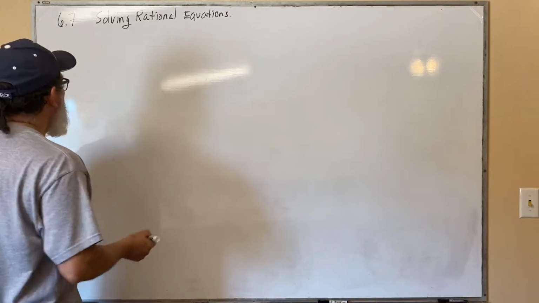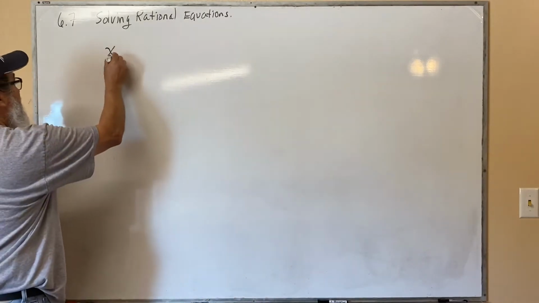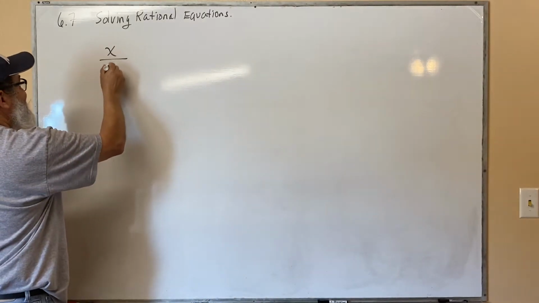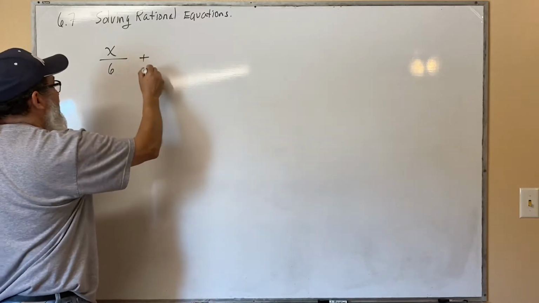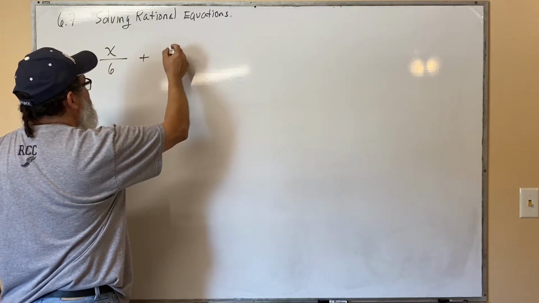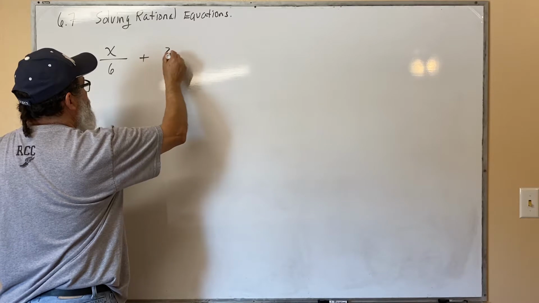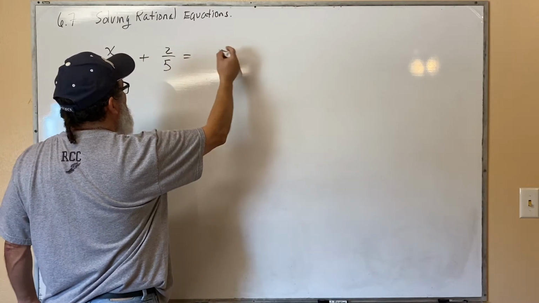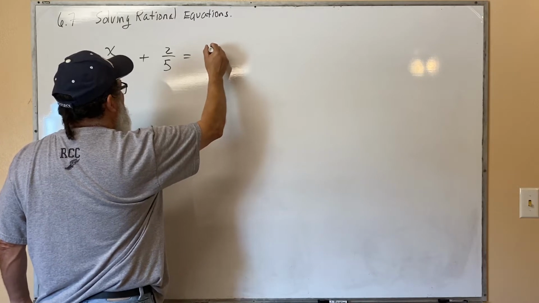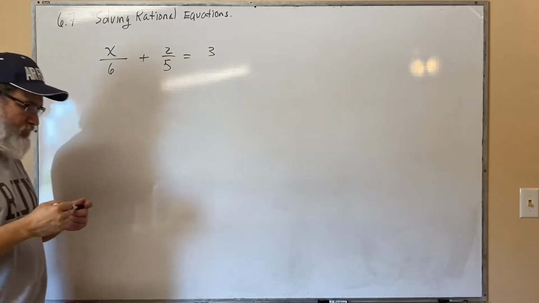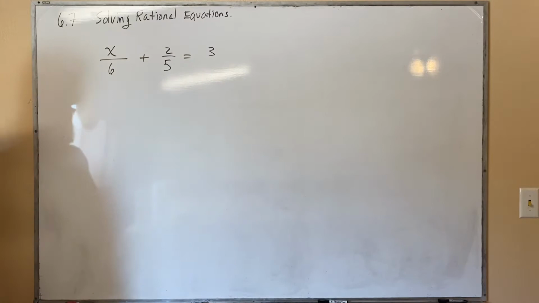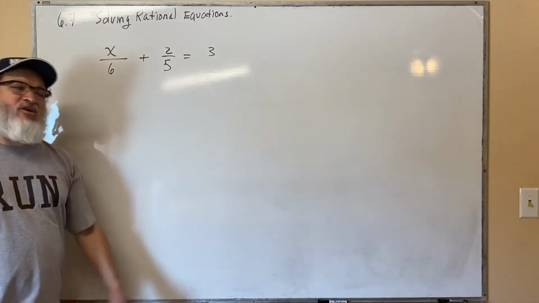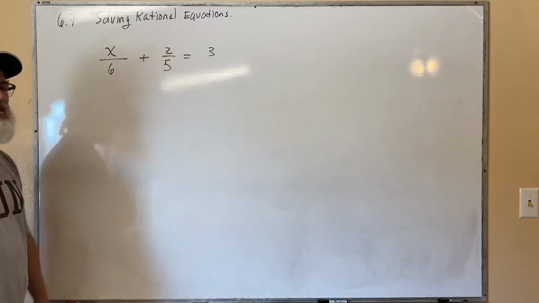Watch this. x over 6 plus 2 over 5 equals, let's say, 3. This fractional equation, we call it a rational equation. It's an easy one.